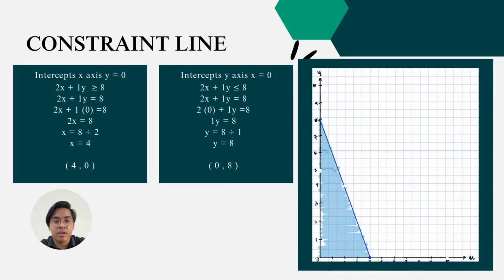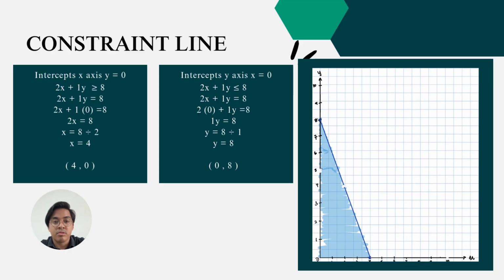Let's begin by looking at our first constraint line, represented by the inequality 2x plus y is greater than or equal to 8. To graph this, we first need to find where the line intersects the x-axis and the y-axis. To find the x-intercept, we set y equal to 0.